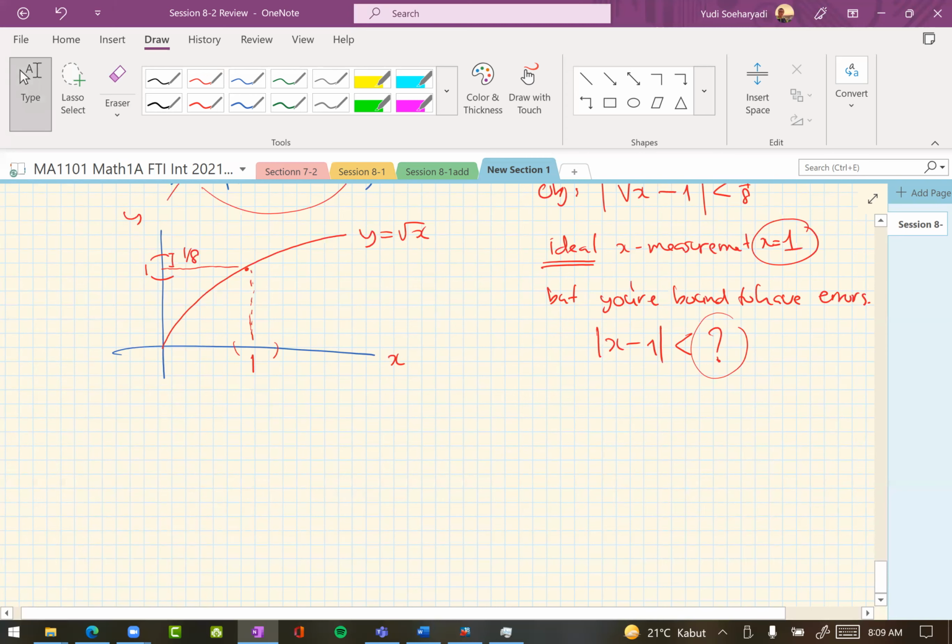All right, so let's do this. Let's work. You cannot get exactly 1, so you dismiss this 0.